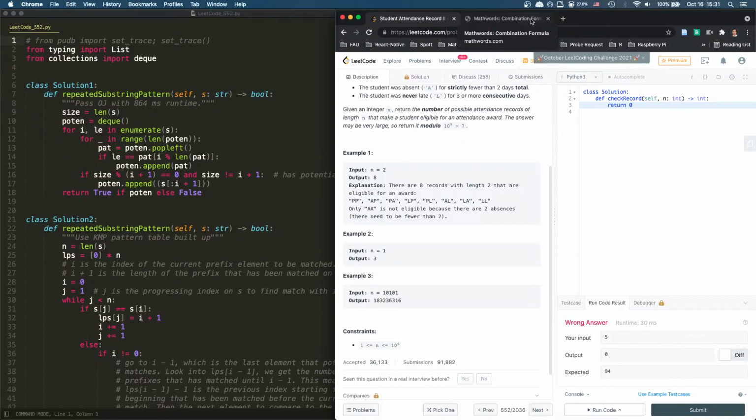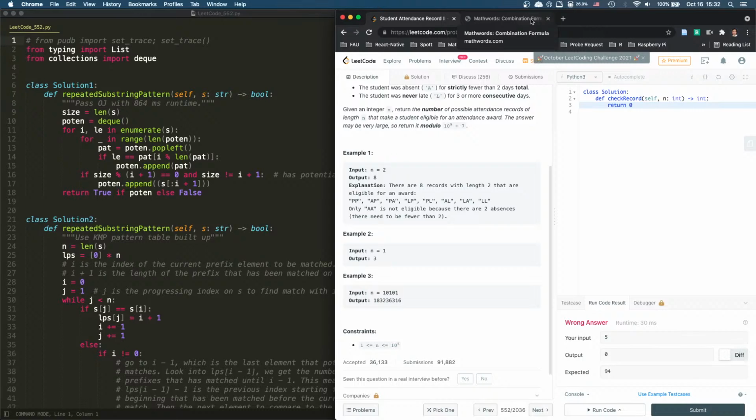What I say is no L, but with A, that's 3, but we can be an A, then the remaining is going to be L or P. That's 2.